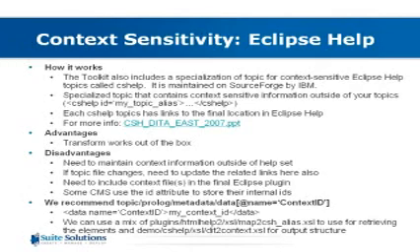The disadvantage is that you have to maintain your context information outside of your help set. You now have to keep that context information in a whole other topic. You'll have to have a topic that contains all your context IDs with links to where they are in your Eclipse plugin. So you now have to maintain two pieces of information.